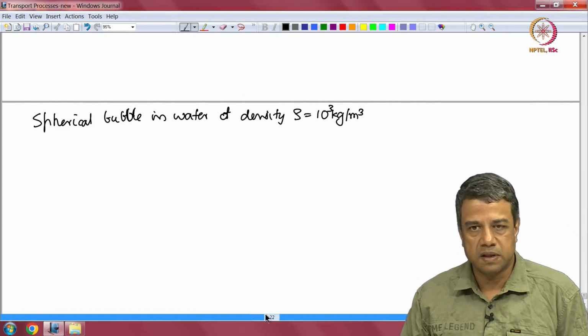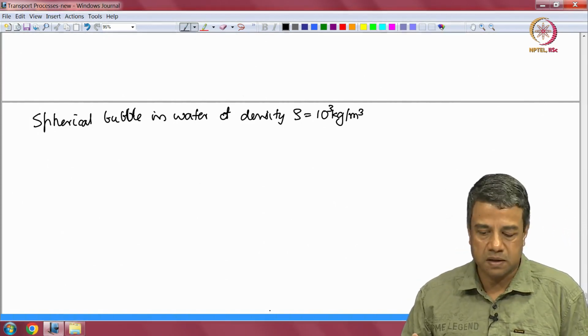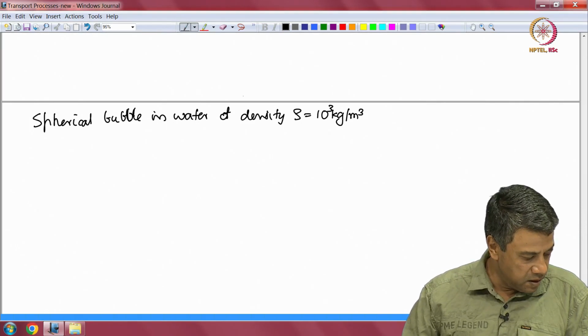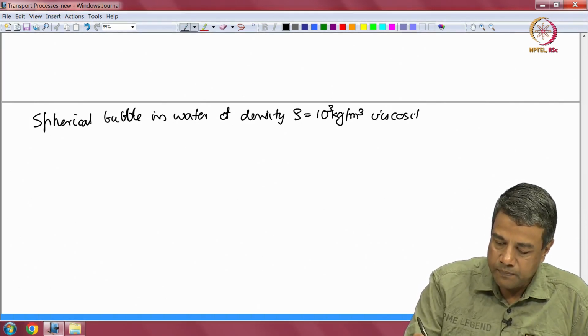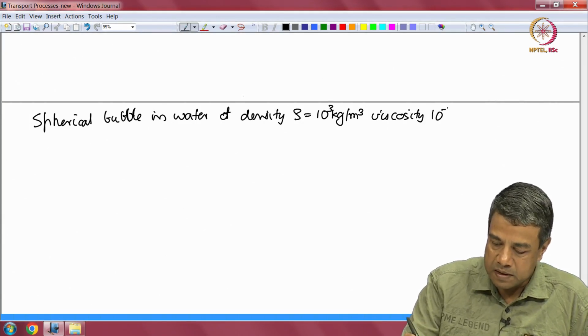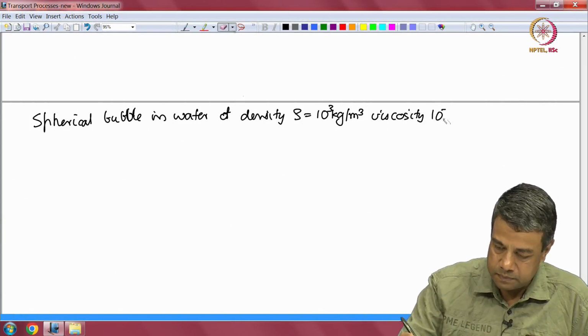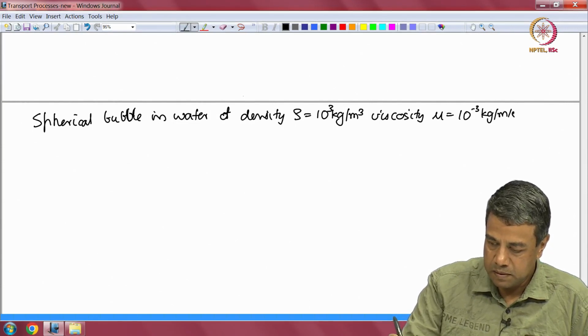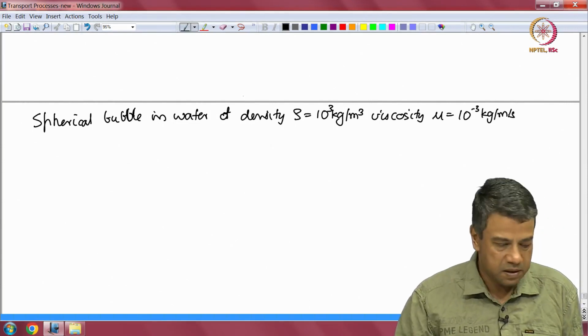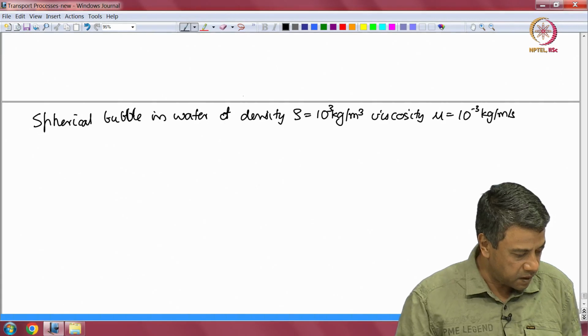Water density is about 1 gram per centimeter cubed, which is 1000 kg per meter cubed, and viscosity 10 power minus 3 kg per meter per second. So, that is the density and the viscosity of the water.